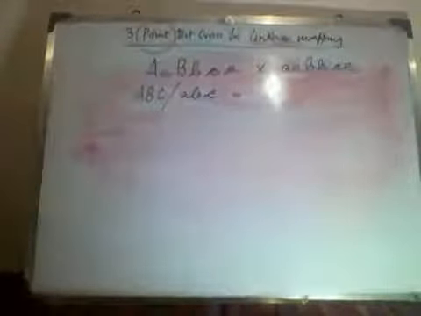You will find some of the plants. If I give now the dominance relationship, suppose capital A is a dominant gene, B is a dominant gene, and C is also a dominant gene.